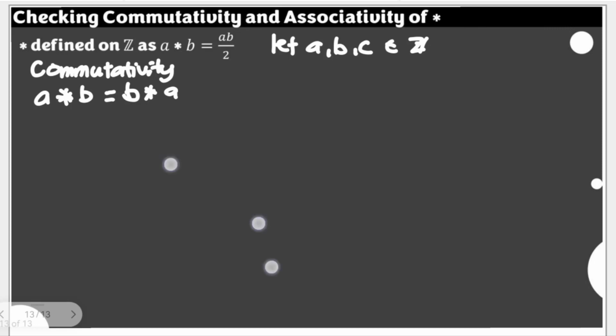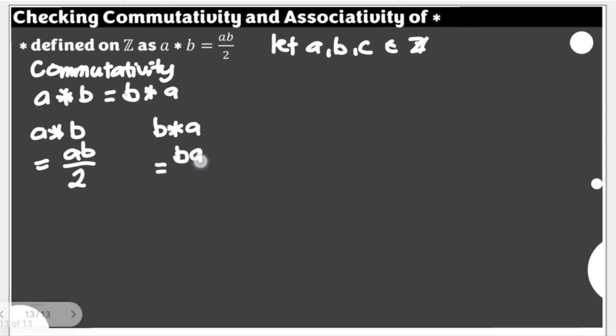Now we know that for the left hand side, A star B, as given in our definition, this is actually equal to AB over 2. This is its actual definition. So if we have B star A on the other side, take note that we started with the first element now being B, and then the second element being A. Therefore, this would be BA over 2, because we are going to follow the placement of the elements in the definition of the star operation.